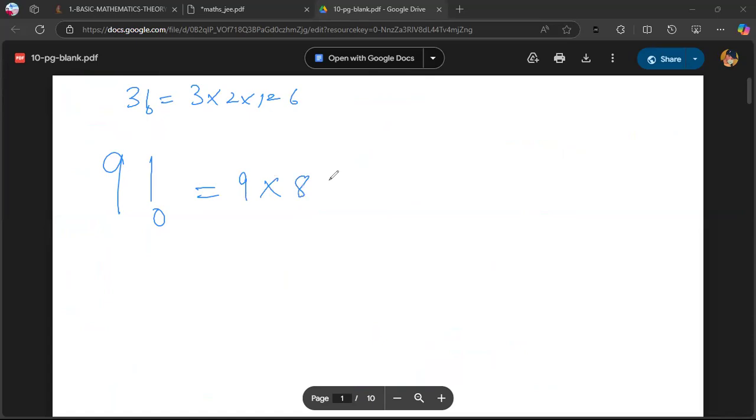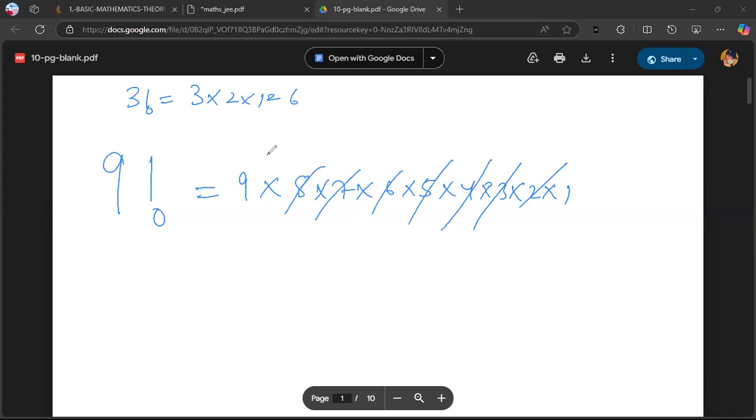Similarly, 9 factorial is written in this method. Whatever the 9 factorial is, it will have 2 as a factor, so it will be divisible by 2, 3, 4, 5, 6, 7, 8, 9 as well. Notice, 9 factorial is the same number we were discussing.